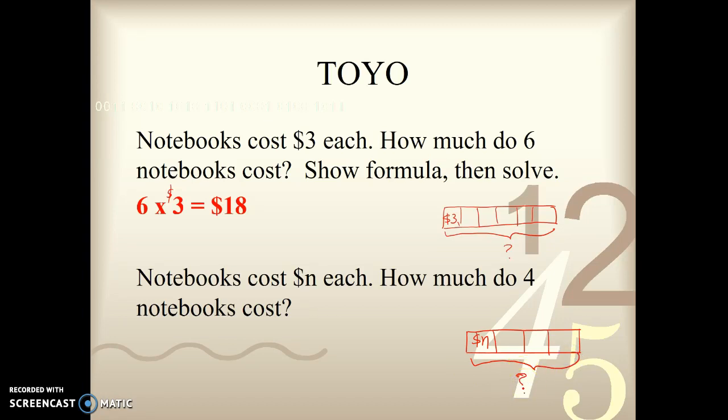How are we going to write that? Well, we're going to write it very similarly to what we just wrote up here. We're just going to change the number for a variable. So how much do 4 notebooks cost? They cost n times 4, which of course is going to be written as 4n plus the label, which is dollars. So we're going to write it like that.